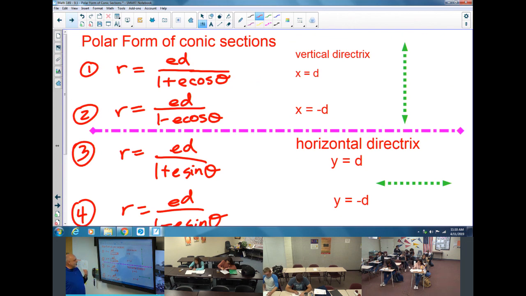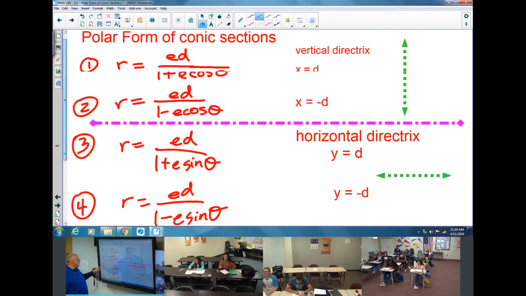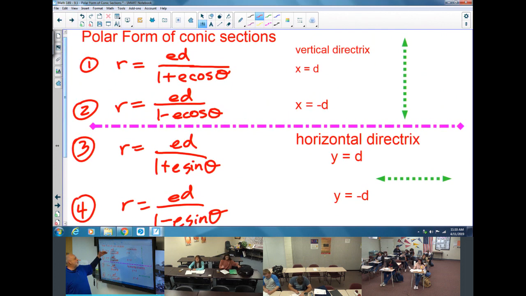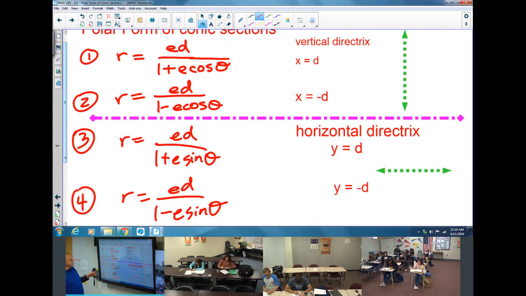There are basically four types of polar forms for the different conic sections. Let's contrast and compare all four of them at the same time. They are all solved for r equals, and they're all fractions, and they all have ed in the numerator, E times d.